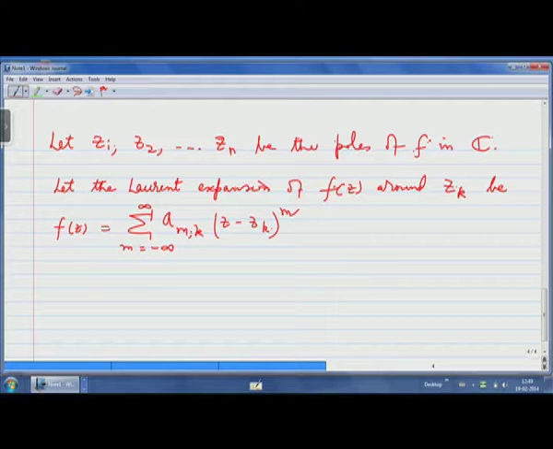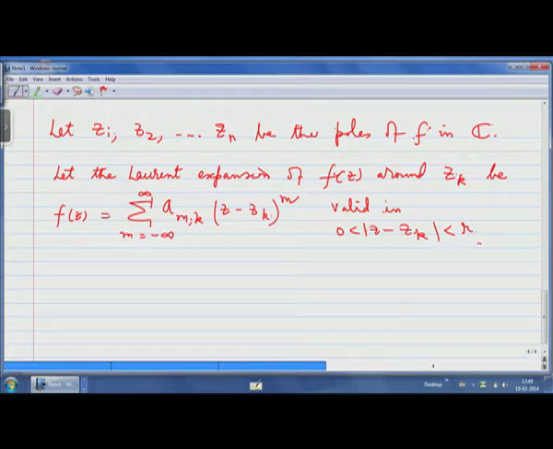So it is valid in 0 less than modulus of z minus zk less than rk. Here rk, I am not writing it, is the distance of zk to the nearest of the other zj's, j not equal to k.